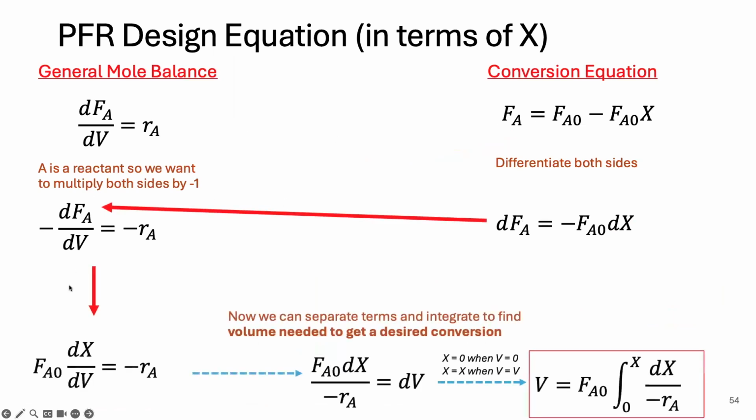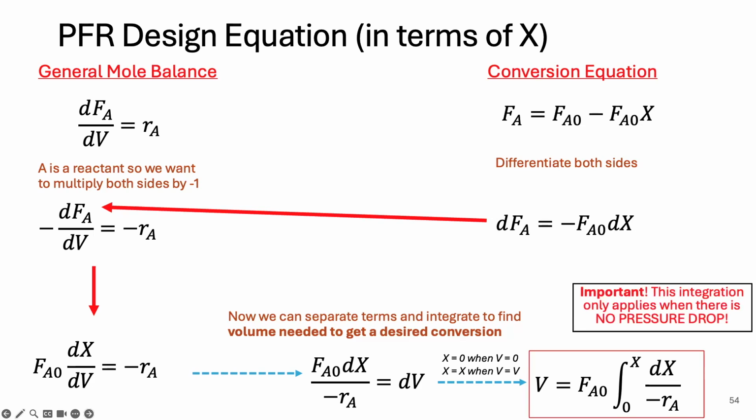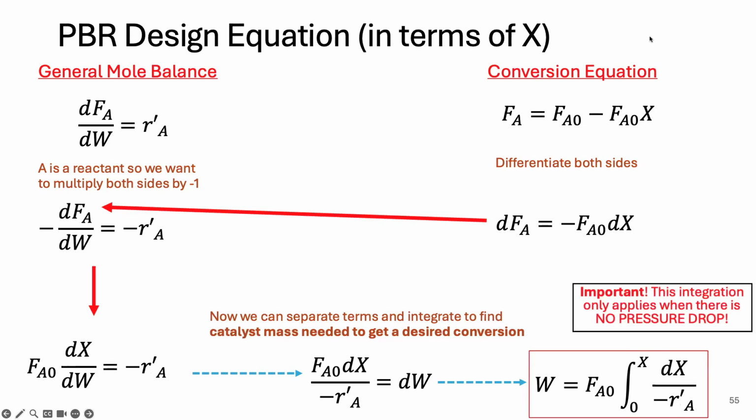We can then substitute that in, and ultimately what we see is that we can rewrite our integrated form of our general mole balance for a PFR to determine through integration the volume of the PFR required to achieve, again, a desired level of conversion. Same basic approach we would take for the PBR, and we get an analogous result now in terms of catalyst weight instead of reactor volume.